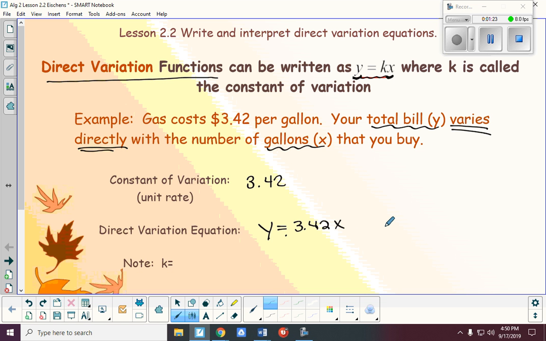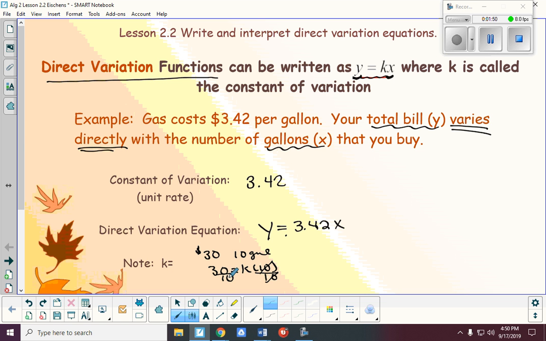Now, let's say you are doing a problem where you don't know the constant of variation. Let's say maybe you have a problem where it costs you $30 and you buy 10 gallons. And so to figure out the cost per gallon, you would say 30 equals k times 10, divide by 10.